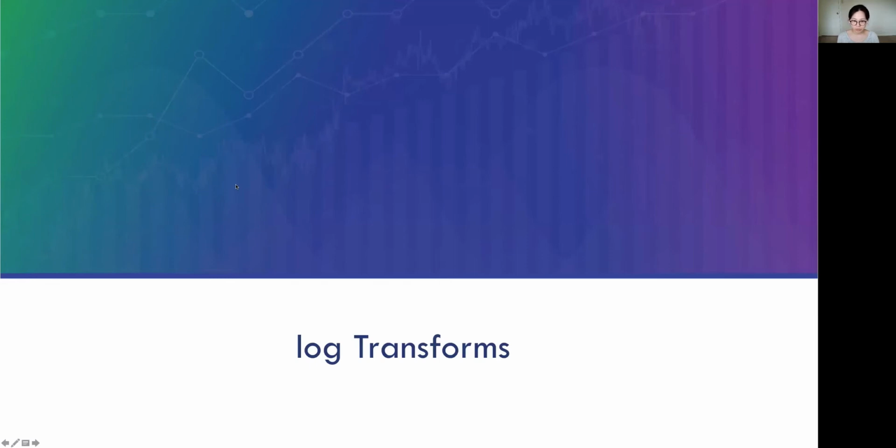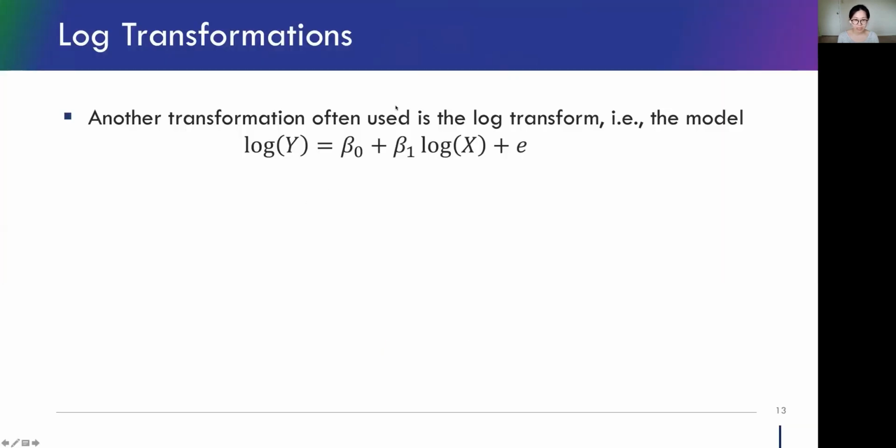We can also do log transforms as a different transformation for our data. It also helps with non-constant variance. I put the transformed model here, so for both y and x, you take the log transform. The model looks like this.